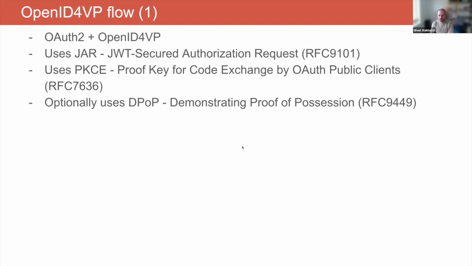So our entire flow consists of one, what we call an outer OAuth 2 authorization flow. So this is a normal OAuth 2 authorization request.